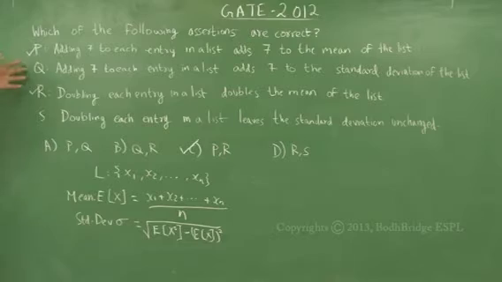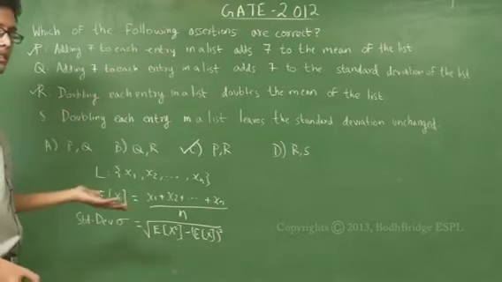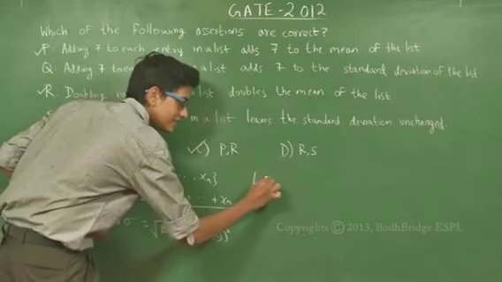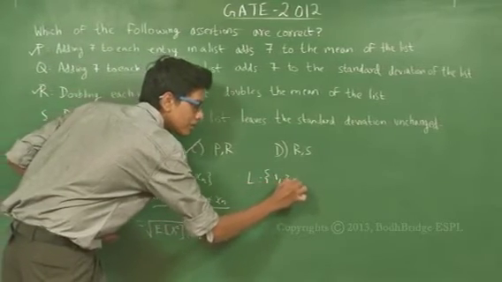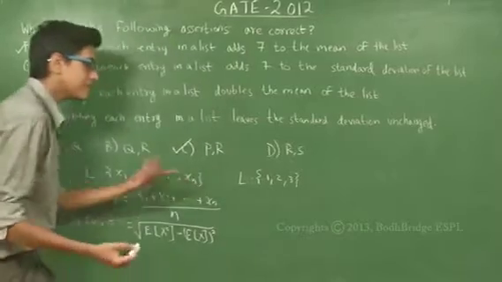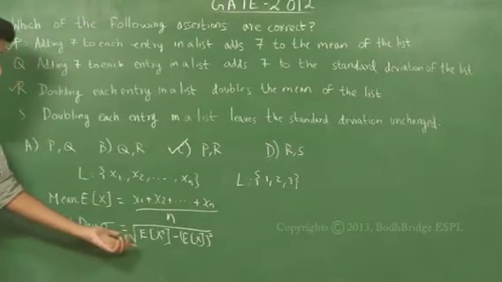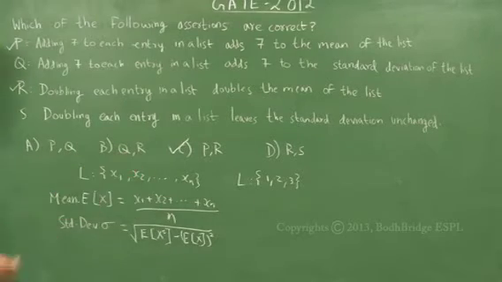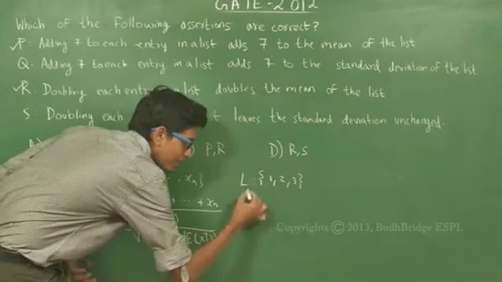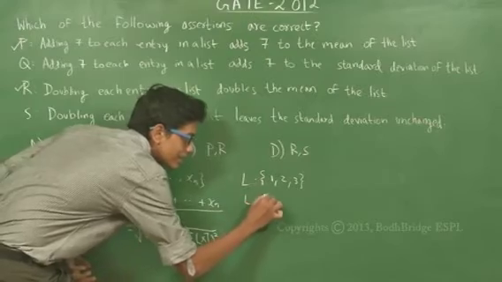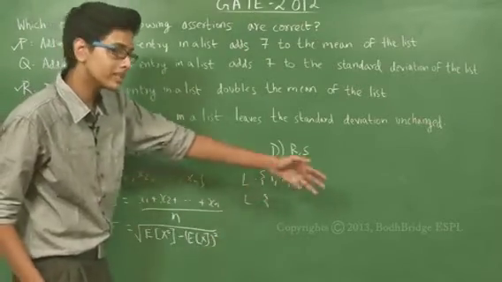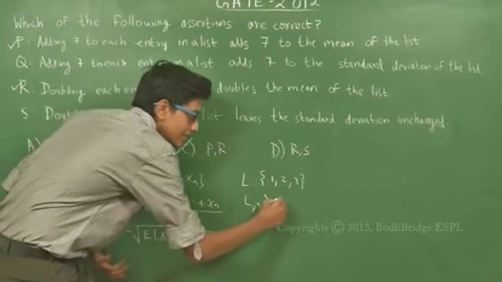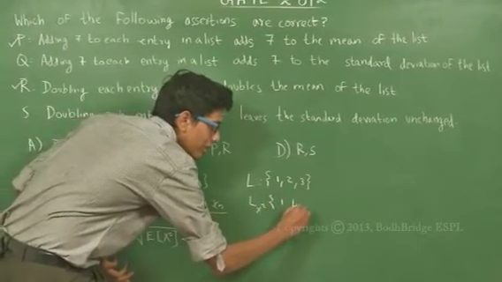For assertions Q and S, when we need to find the standard deviation of the list, the easier way to do this is to take an example list. Let's take a list L: 1, 2, 3. The definition of standard deviation is root of E of x squared minus E of x the whole squared. First, x squared: x is x1, x2, x3, so the list of x squared is 1, 4, 9.